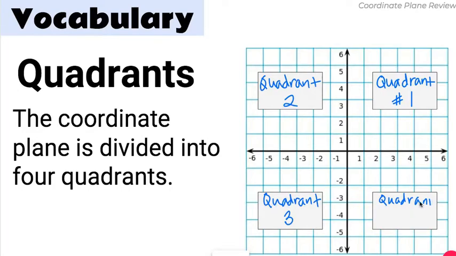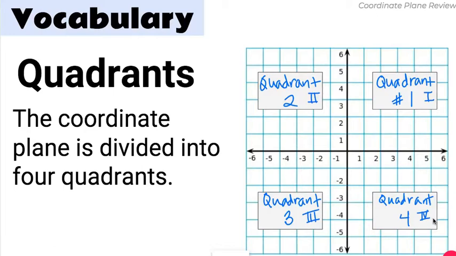And you may see the quadrants written as numbers. You may see Roman numerals. So you might see them like this. And then we have 4. Okay, so again, they may be written as Roman numerals. They may be written as numbers.